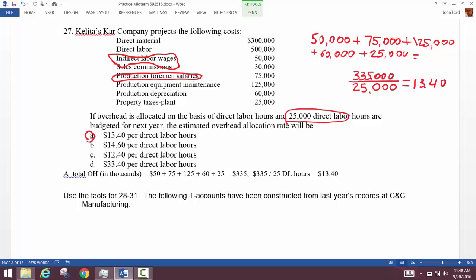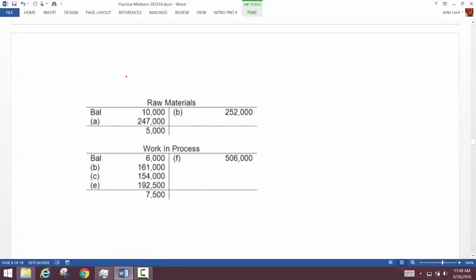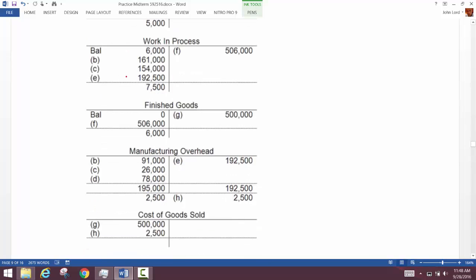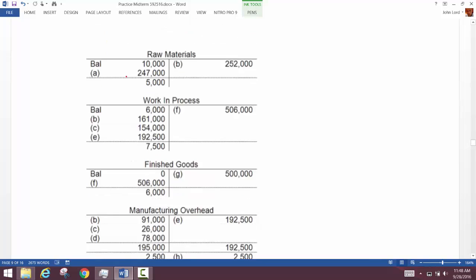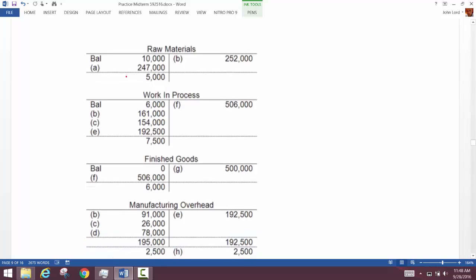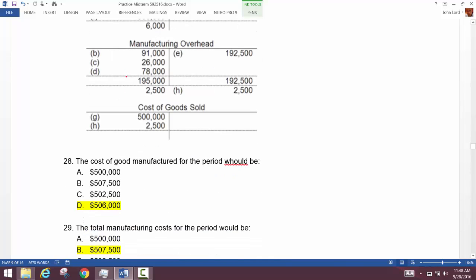Okay, good. Now we're going to do 28 through 31. With 28 through 31, you had to see the different T accounts for the accounts we're using for our managerial accounting: raw materials, work in progress, finished goods, manufacturing overhead, cost of goods sold, right?